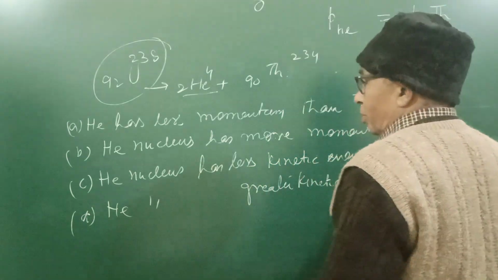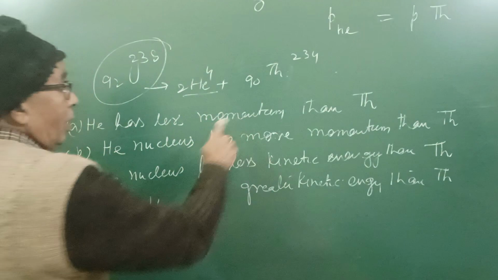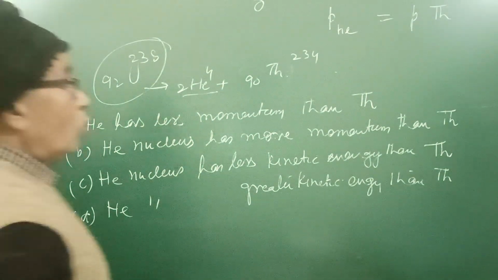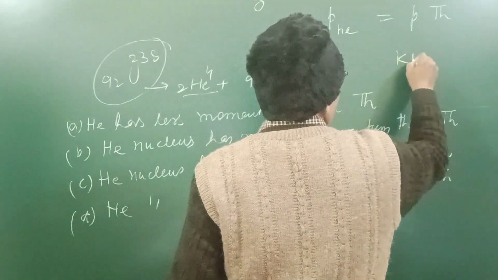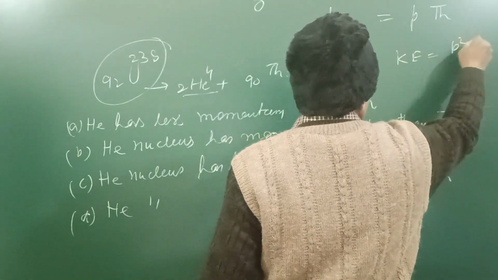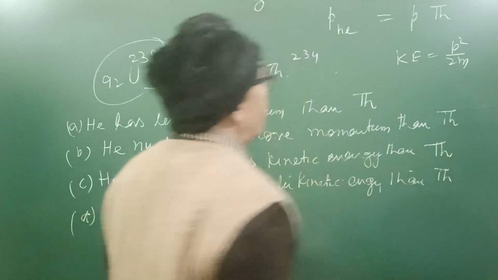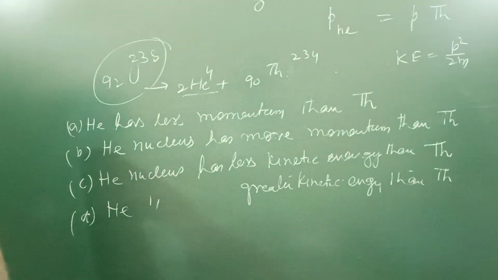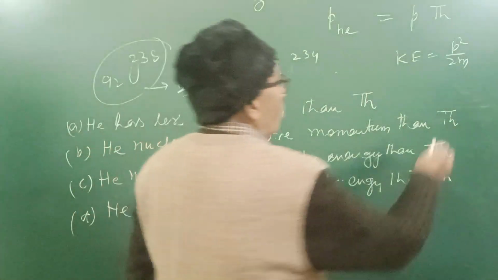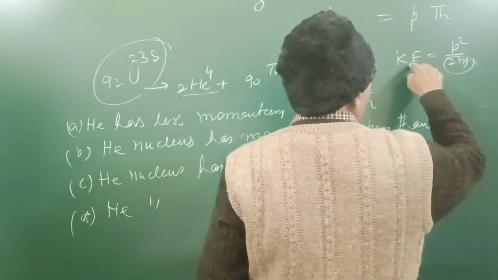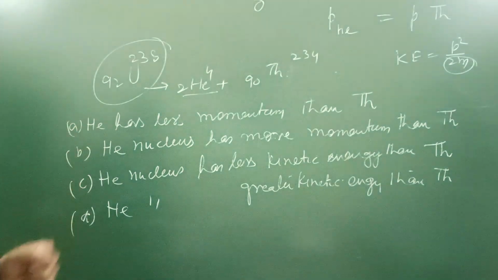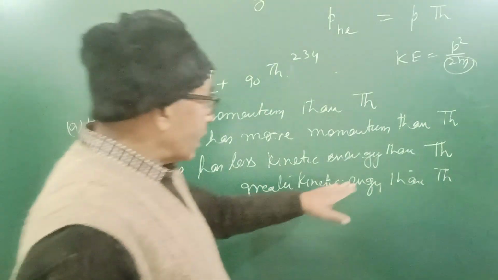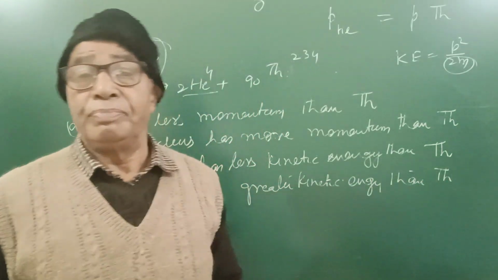So these first options are wrong, as the momentum is equal. Now we know kinetic energy is equal to P square by 2m. If two bodies having the same momentum have different mass, naturally the heavier mass will have lesser kinetic energy. So helium nucleus has greater kinetic energy than thorium.